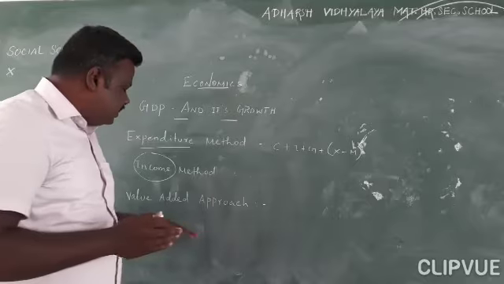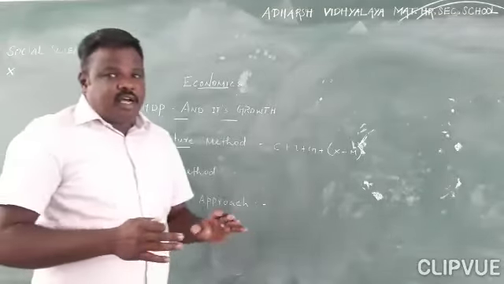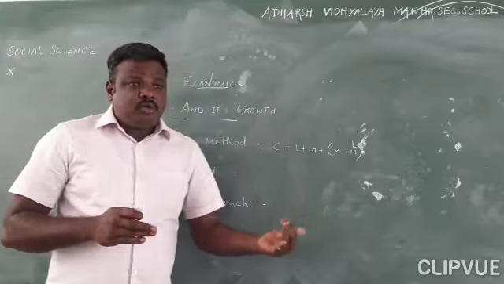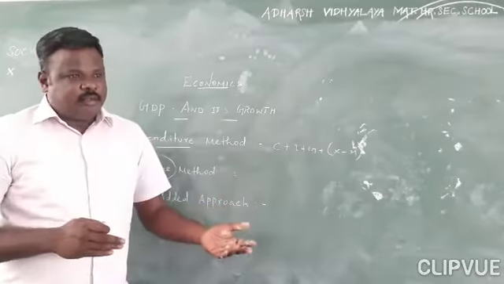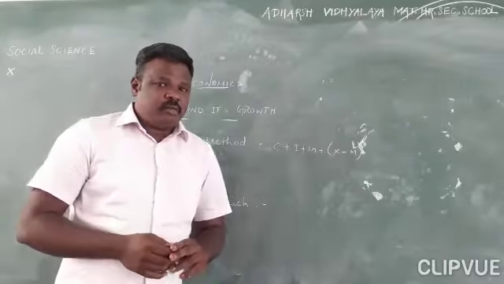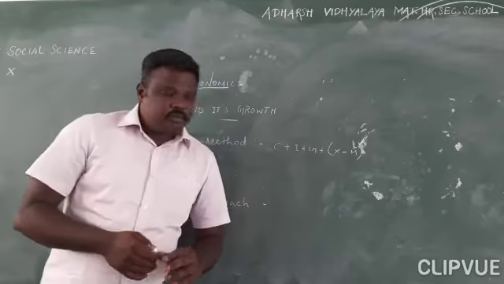So that we call the value added approach. Like these three types of methods we follow to calculate the GDP. But in India, the expenditure method is the most common one.